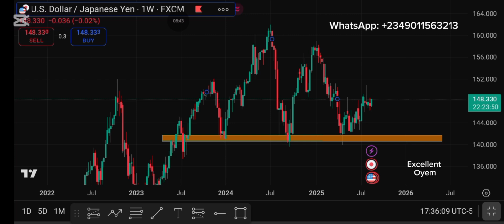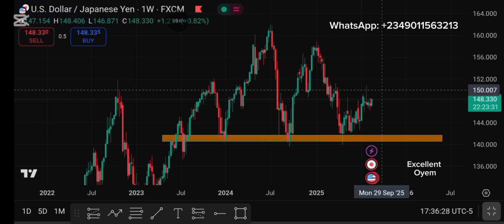And also for a resistance level, we follow the multiple rejections, where the price has rejected going above. So let's draw the resistance.